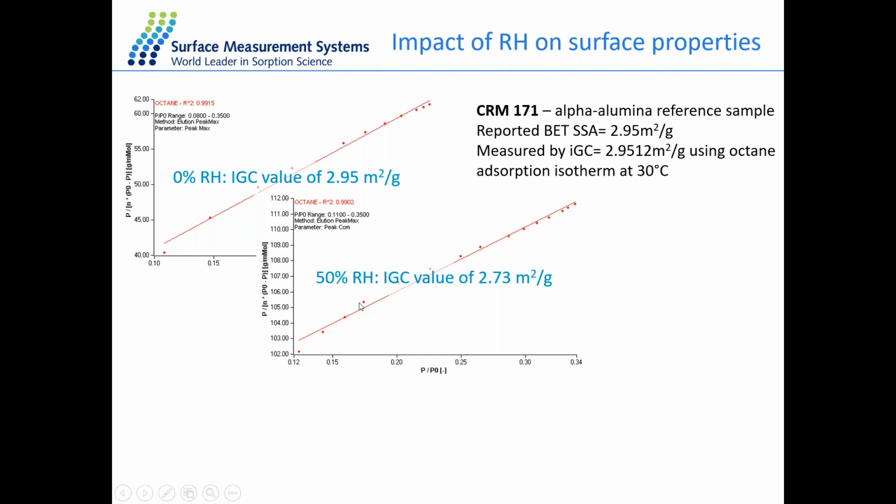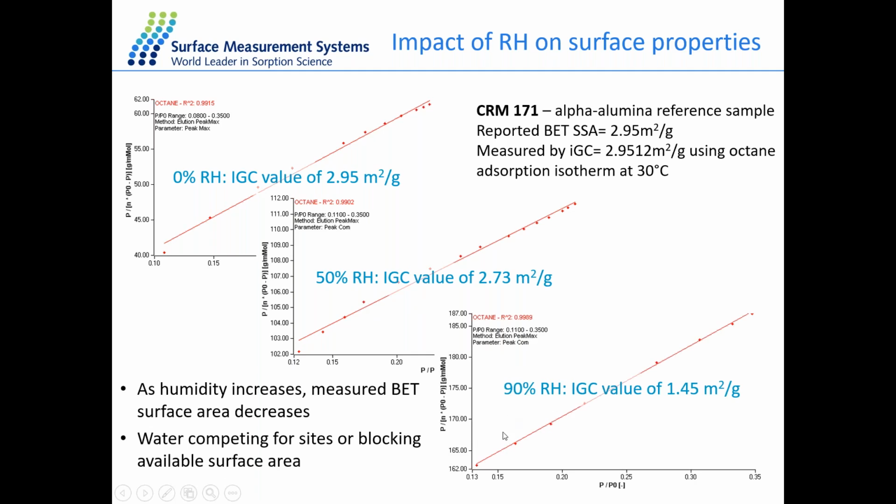Then we add humidity during the measurement. With the increase of humidity to 90% RH, the surface area of this sample drops to almost half of the original value, which is probably because the water molecules compete for the sites on the surface and also block the available surface for the probe molecule.